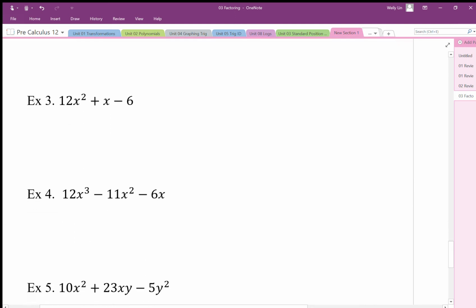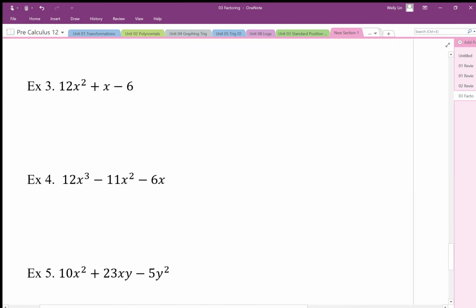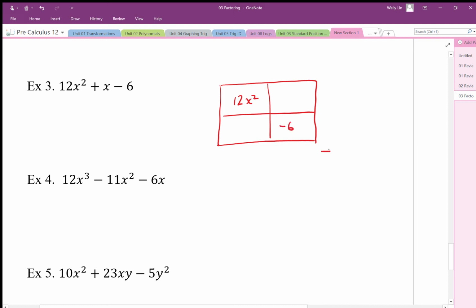Okay, so factoring these ones here, this one again has the leading coefficient. So we want to be able to use that diagonal product to help us split that middle term. So we know the diagonal product is negative 72x squared.